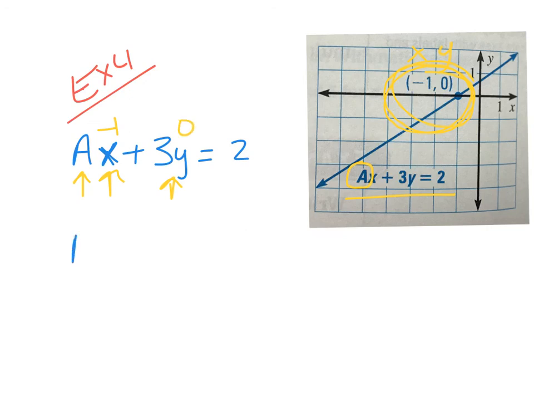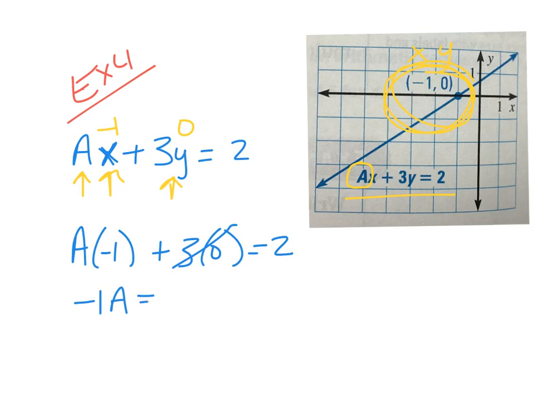So I'm going to say a times -1 plus 3 times 0 equals 2. Well, what's 3 times 0? 0. So that's gone. A times -1 is just -1a equals 2. So how do I get the -1 away from the a? Divide by -1.